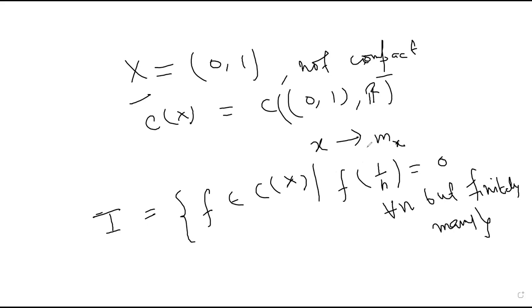So clearly you can check this is an ideal, and obviously this is a proper ideal because 1 does not belong to this ideal. And then we know that this is contained in some maximal ideal M. And then observe that this M is not of the form Mx for any x.